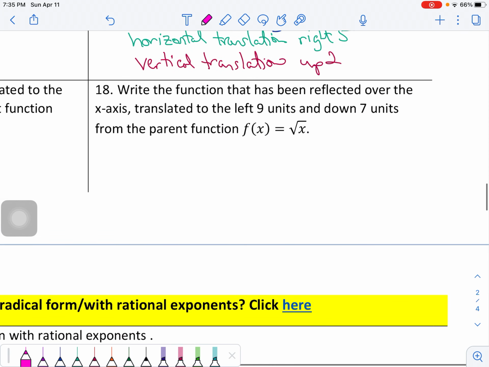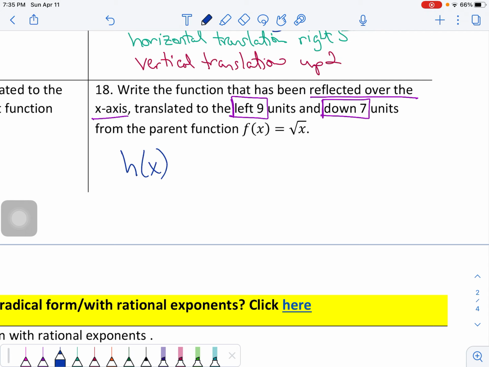And last but not least, problem number 18 here. What nifty little things do we need to do? We want a reflection over the x-axis. We want it translated to the left 9 and down 7. All right, again, I don't want to use the same parent function notation, f of x. In this case, I'll use h of x. Doesn't really matter, but you just don't want to use f of x again.